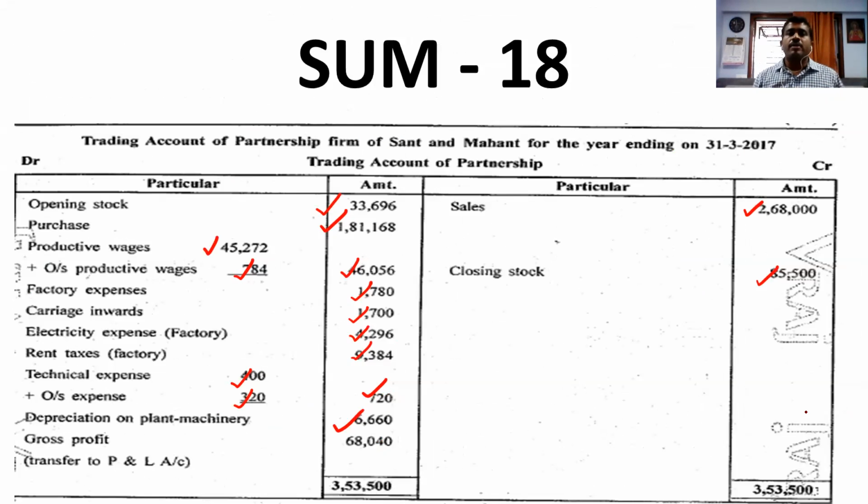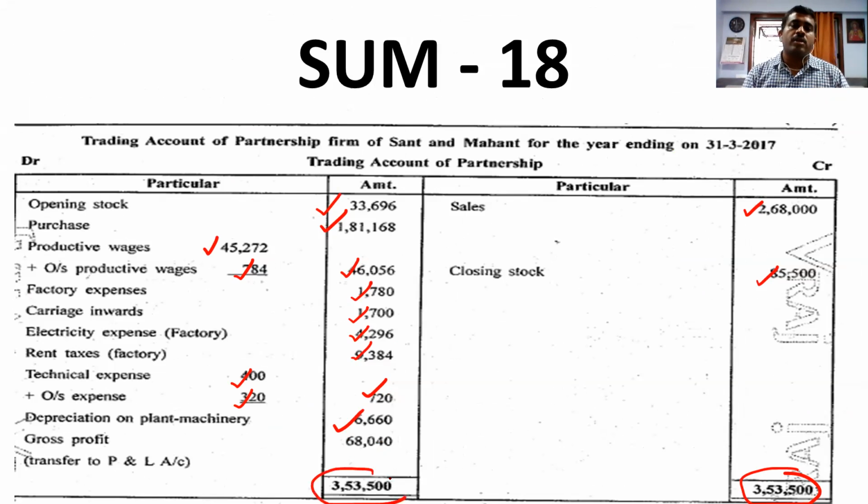Go to sum number 18, trading account. Take the trading account and make the total: 2,68,000 plus 85,500. Make the total. It comes to 353,500.